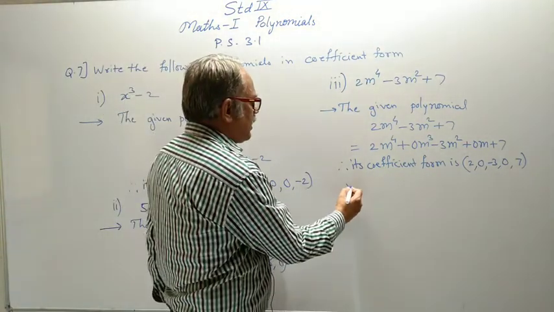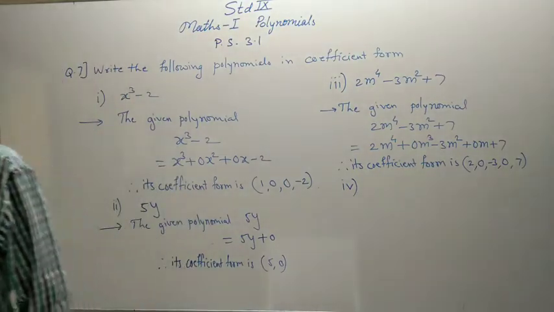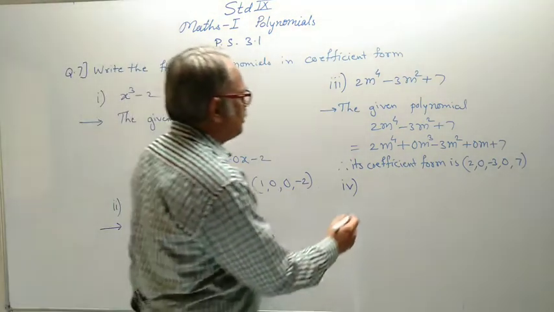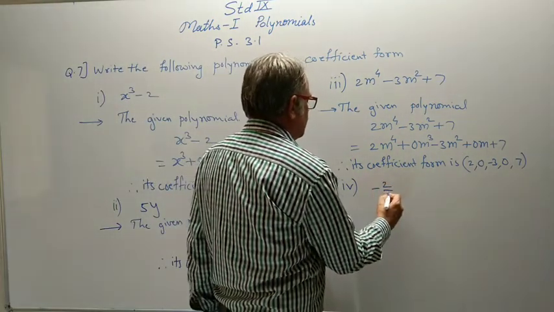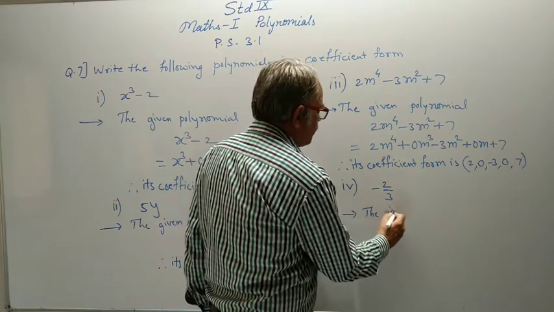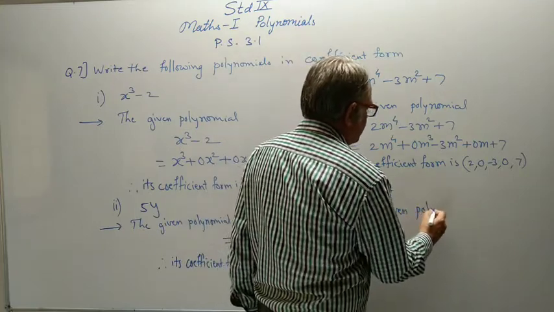And then the last question of this type: it is asked to write the coefficient form of only minus 2 by 3, only a constant. The given polynomial is a constant polynomial, only one term, so nothing will get added.